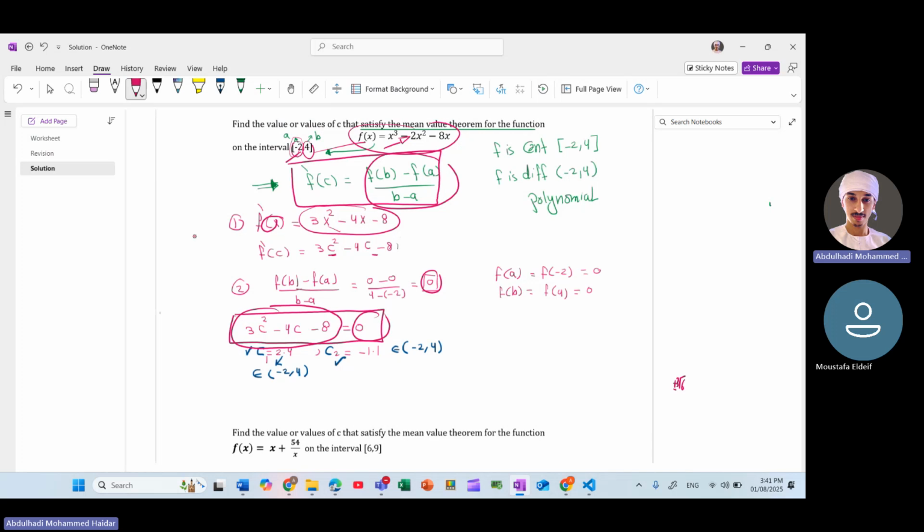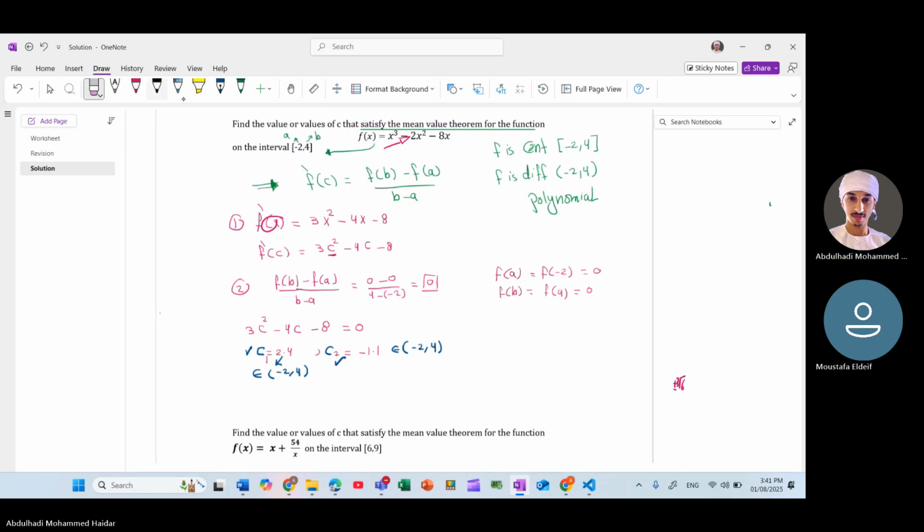They have to be within the domain, or within the interval. But which interval? This one? No, it has to be the open interval, this one, -2 to 4. Which means that if our solution has C2 equal to 4, then we have to reject it. Why?